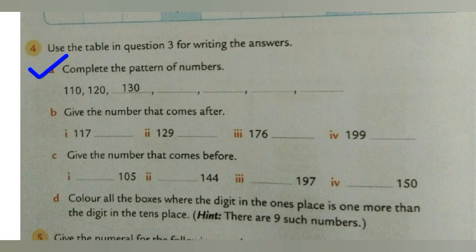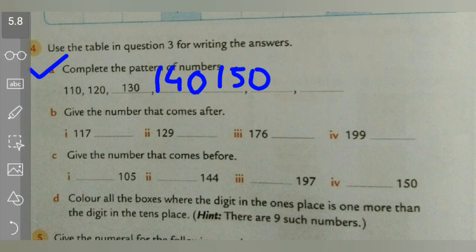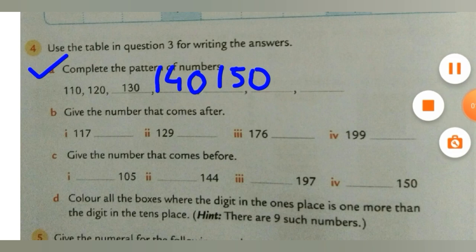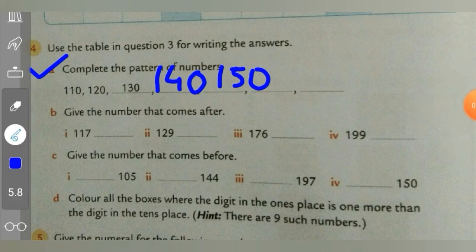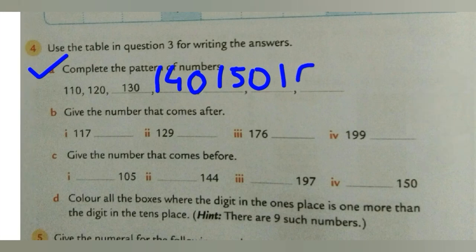So the next number which will be coming here is 140. What is the next number after that? Give a gap of 10. 150. Then what is the next number? Next number will be 160. Okay, and so on.